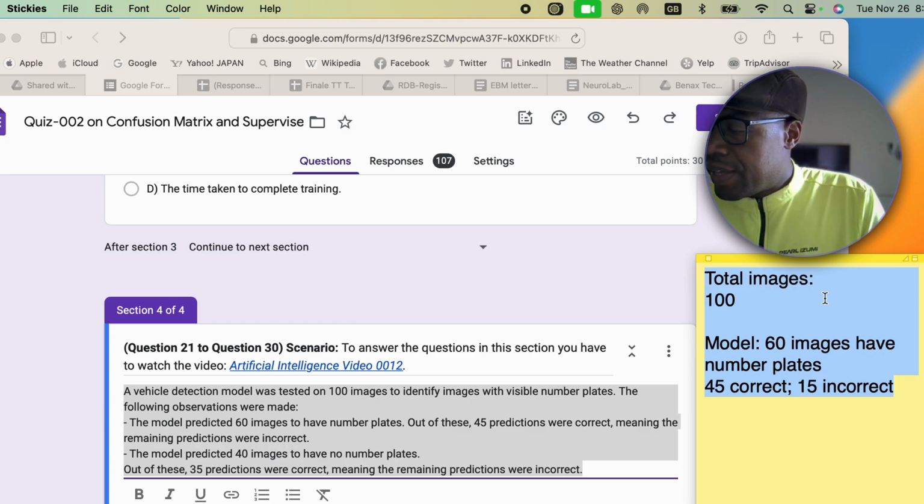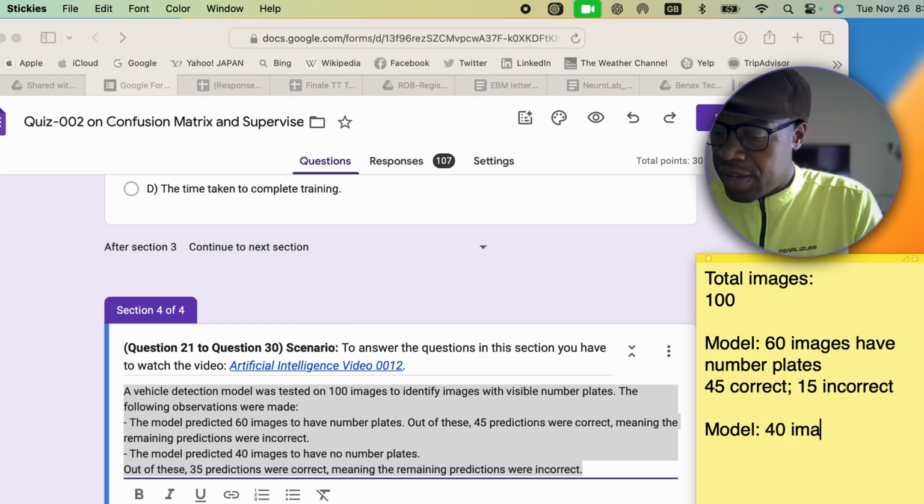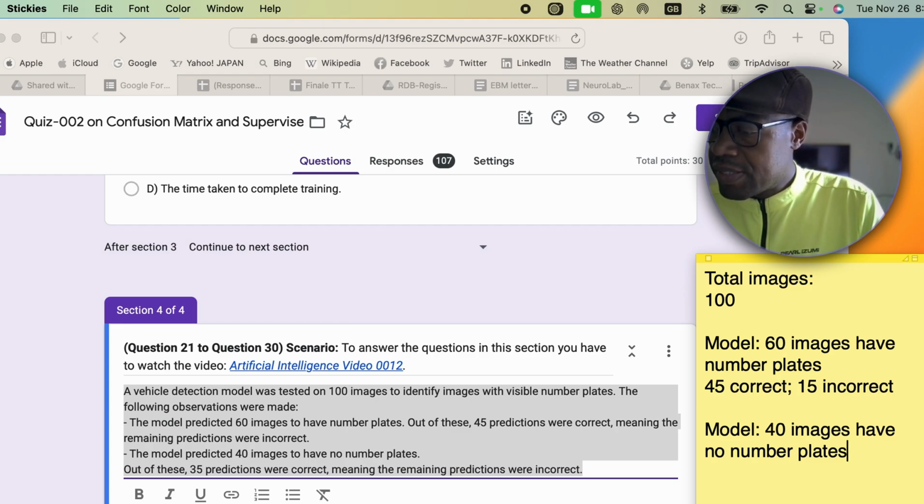And again, the model predicted 40 images to have no number plates. According to the model, the remaining images have no number plates. That's what the model sees.